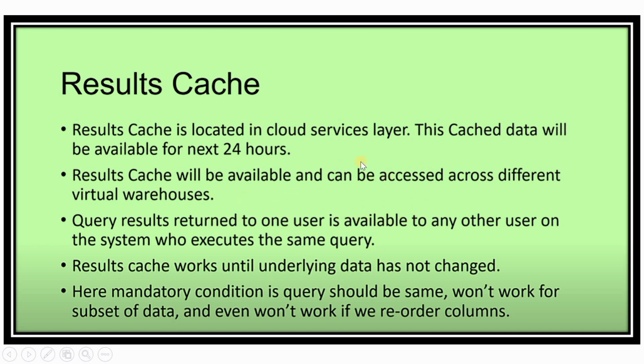Then sysadmin will just take the data from the results cache only, it will not move to the remote disk. So two different users can use the same results cache. The results cache is shared across different users and across different warehouses as well. These two things are written in this second and third point.